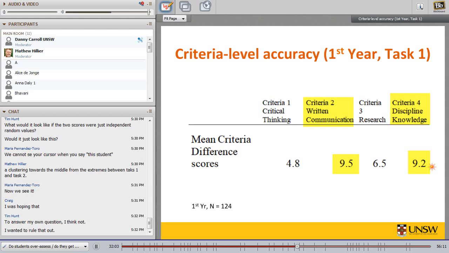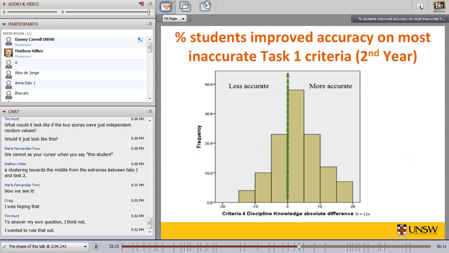On 1 or 2 particular criteria, they were very inaccurate in the first task. And the thing that was pleasing was when I looked at the second task, these were the criteria on which the students, especially if they were over-assessors, tended to reduce their high self-marking, and they showed performance improvement on those criteria.